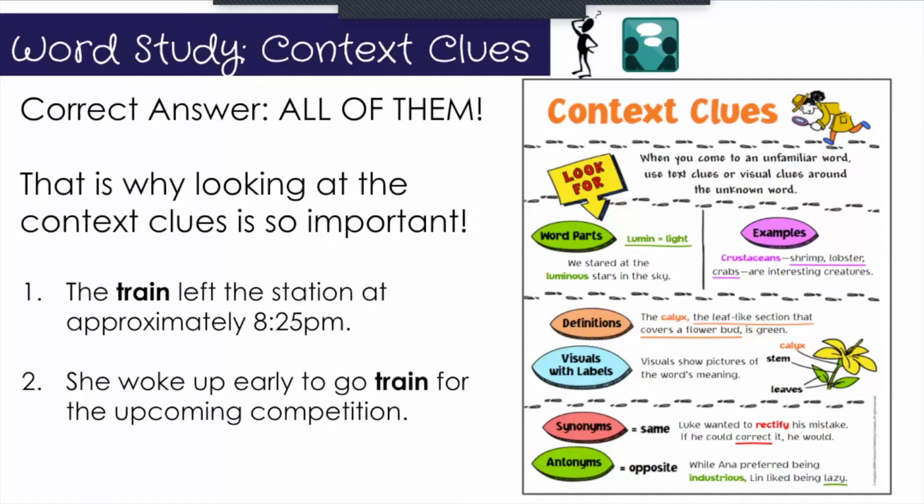We're going to use our context clues today to determine the meaning of our new weekly vocabulary words. Your context clues is what you do using either text or visual clues found around an unknown word. These are some examples.